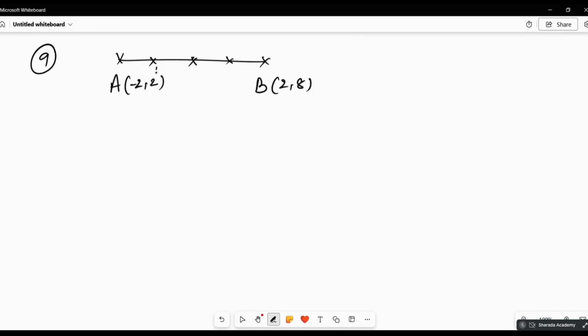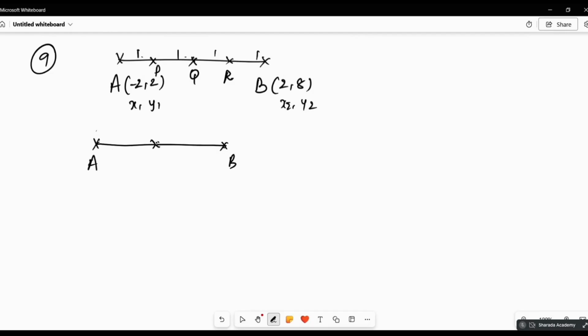If I call these P, Q, R, this is X1, Y1, this is X2, Y2. Ratios are 1 is to 1 is to 1. What you can do is, you can find Q. Two parts will be there. That will be easier. Listen here once.